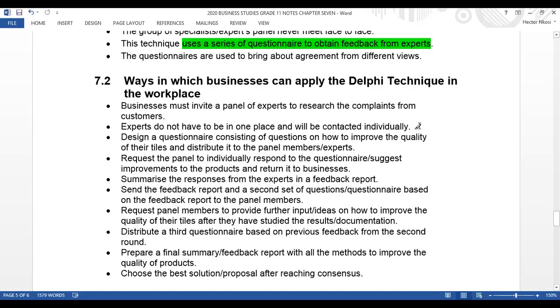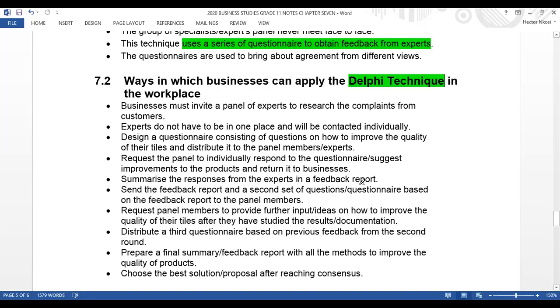So, boys and girls, when you're doing this Delphi technique, this is how it is applied in a workplace. Your fourth bullet says you must request the panel to individually respond to the questionnaire or suggest improvements to the products and return it to the business.